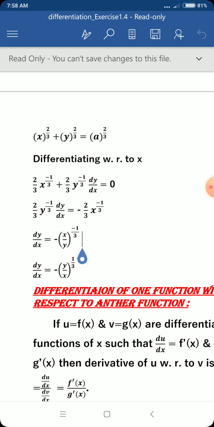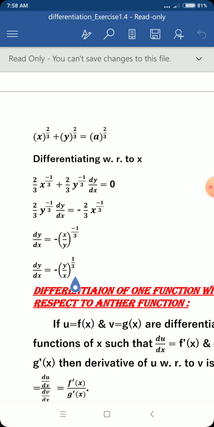Now keep dy by dx on the LHS and take the term 2 upon 3 into y raised to minus 1 upon 3 to the RHS. Therefore, we get dy upon dx is equal to minus 2 upon 3 into x raised to minus 1 upon 3 upon 2 upon 3 into y raised to minus 1 upon 3. 2 upon 3, 2 upon 3 cancel out.